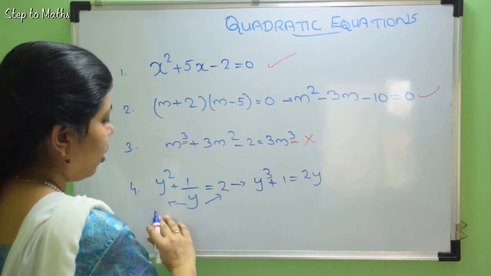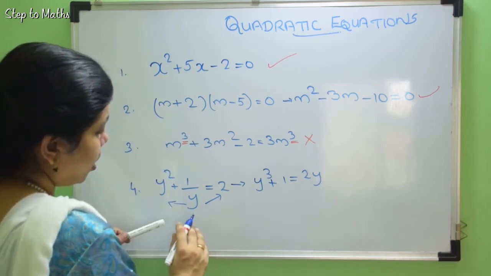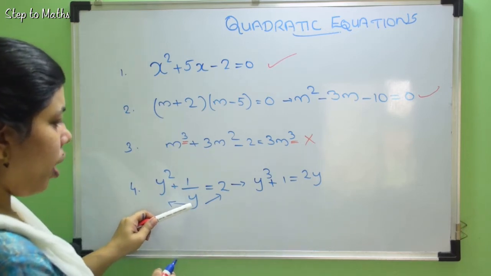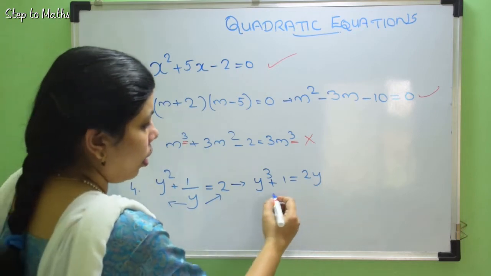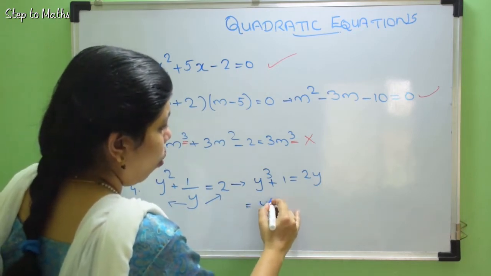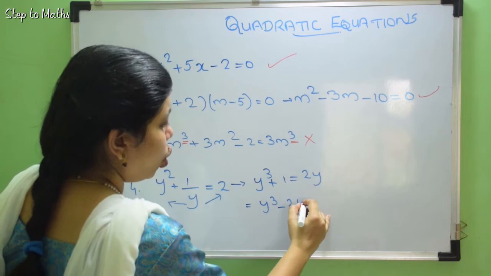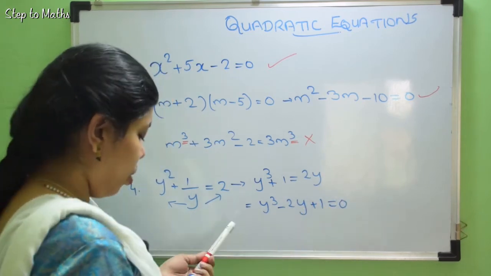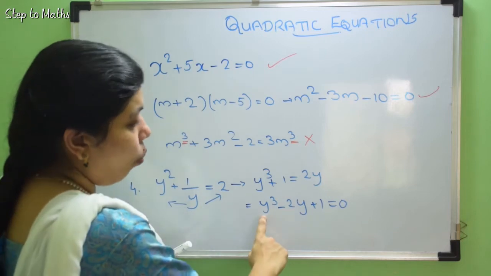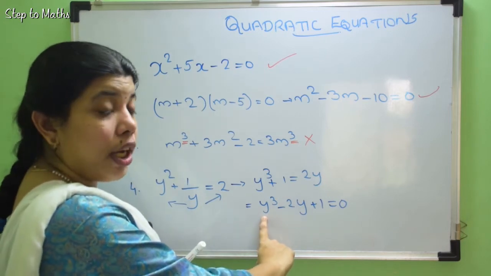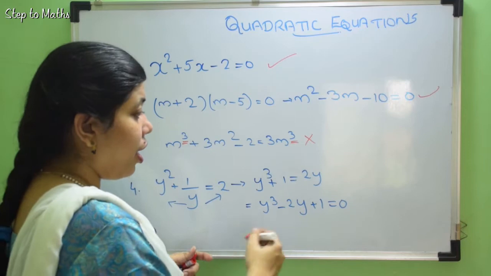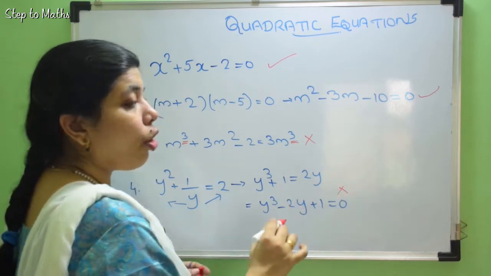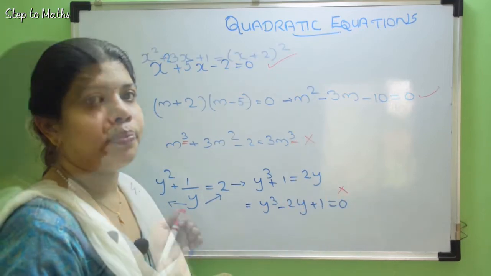Rearranging, y cube minus 2y plus 1 is equal to 0. Here the highest power of the variable is 3. That means this is also not a quadratic equation.